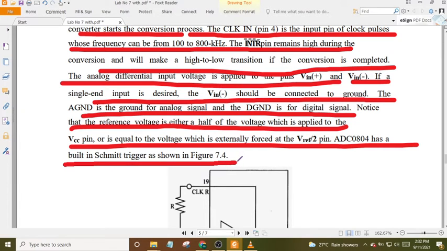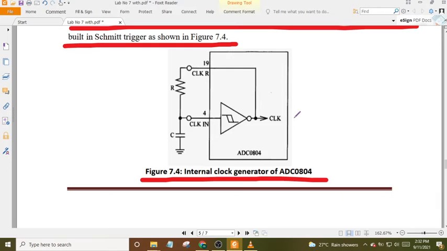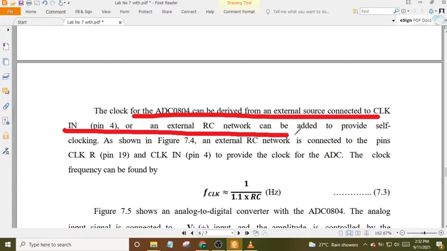ADC0804 has a built-in Schmitt trigger, shown in figure 7.4. Figure 7.4, internal clock generator of ADC0804. The clock for the ADC0804 can be derived from an external source connected to CLKIN, pin 4, or an external RC network can be added to provide self clocking.